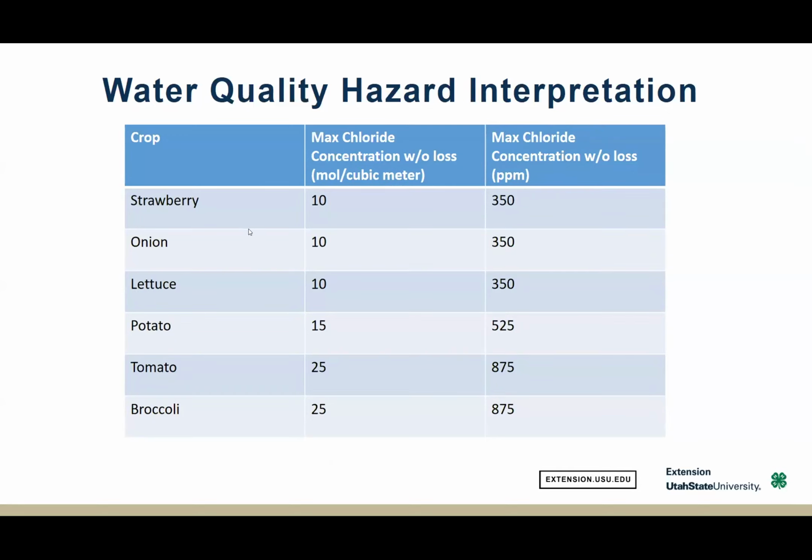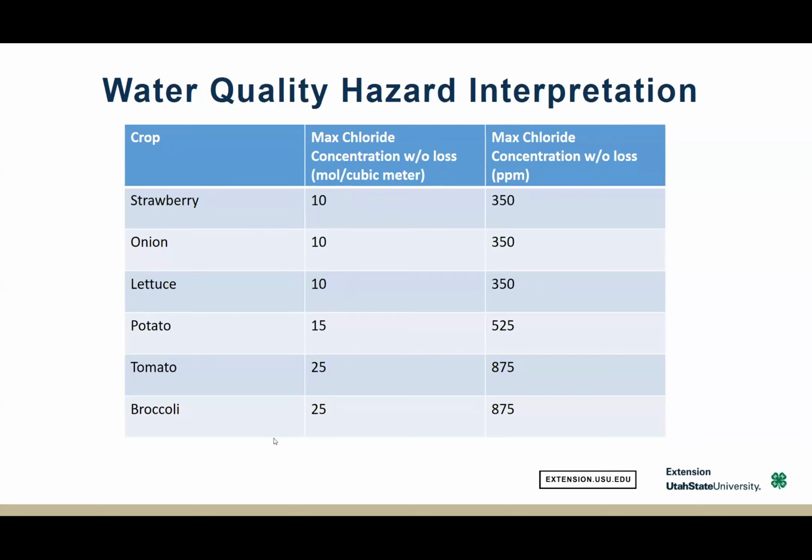You can see here that these are the max concentrations of chloride in moles per cubic meter or in parts per million or milligrams per liter that are allowable for various vegetable types and fruits. Strawberry, onion, lettuce are quite sensitive to chloride, and they will only get to about 10 before they'll start falling off in their productivity.